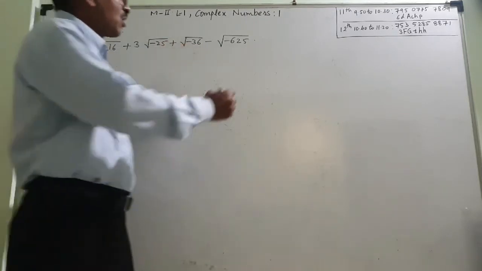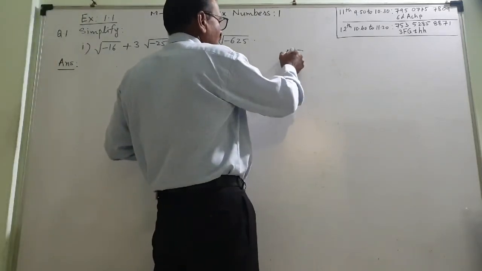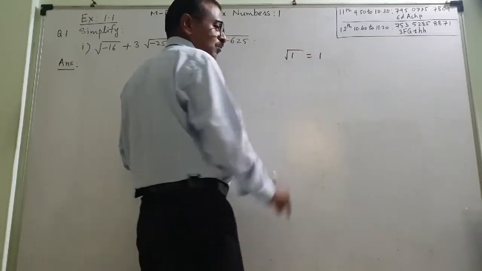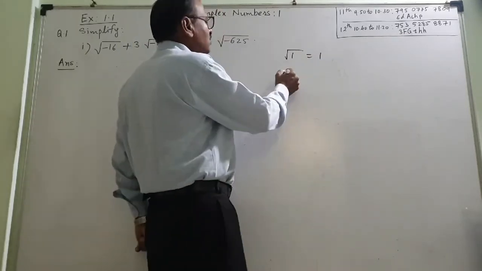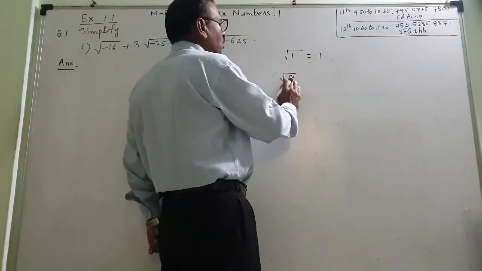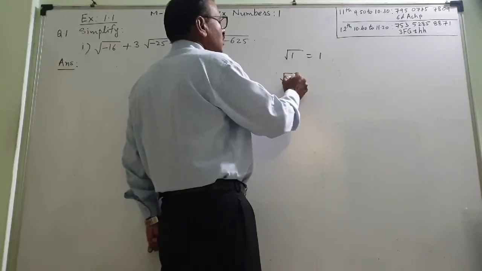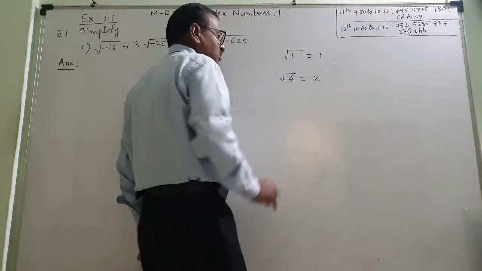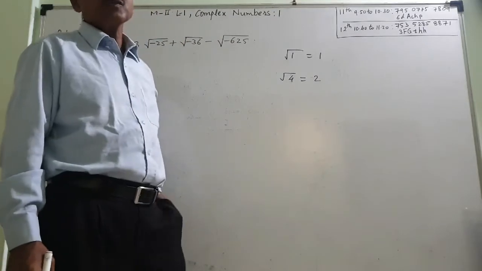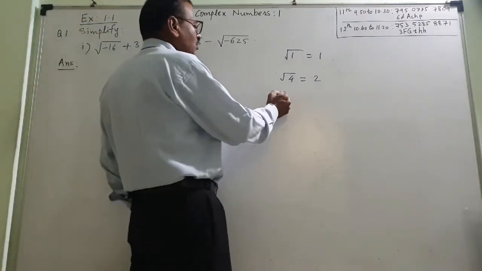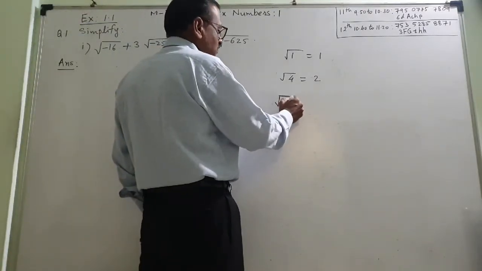So under root of 1 is 1, that I know, or otherwise root of 4 is equal to 2, that also I know. But I want to find root of minus 4.